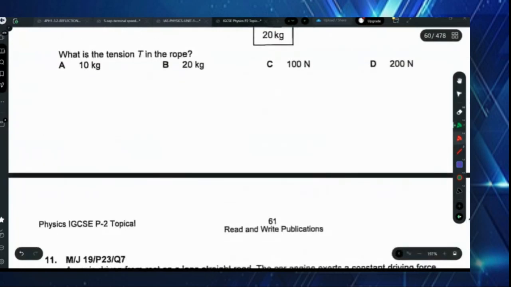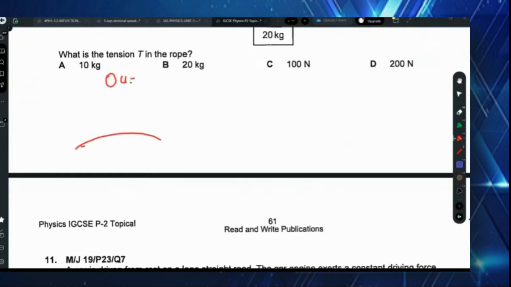So when a stone is at the highest point, its speed is 0, because it is dropped from rest. When it is dropped from rest, we say that its kinetic energy is 0.